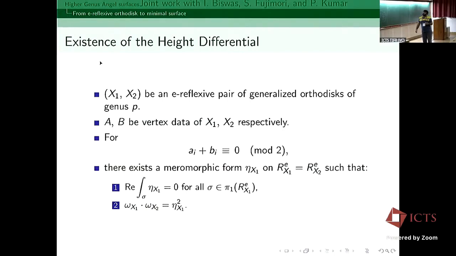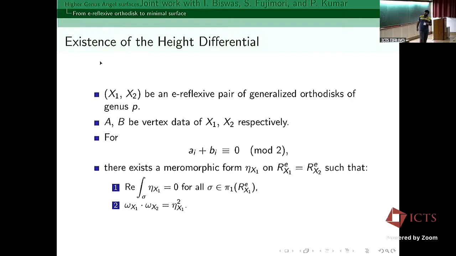So let X1, X2 be an E-reflexive pair, and A, B the vertex data. If the vertex data has this relation, then we have a form on the common Riemann surface. So when we have an E-reflexive pair, then we have the cover as the same up to biholomorphism. So on that common Riemann surface, we have the existence of this form.